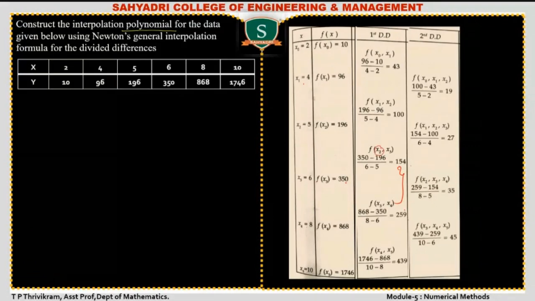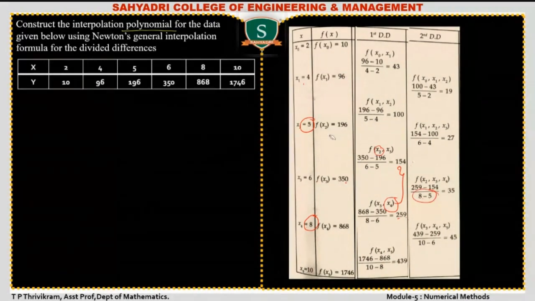X2 is the least value and x4 is the highest value. So 259 minus 154, corresponding x value is x4 minus x2. So that means 8 minus 5 you have to take. Clear? Yes, sir. So 8 minus 5 I have taken here.